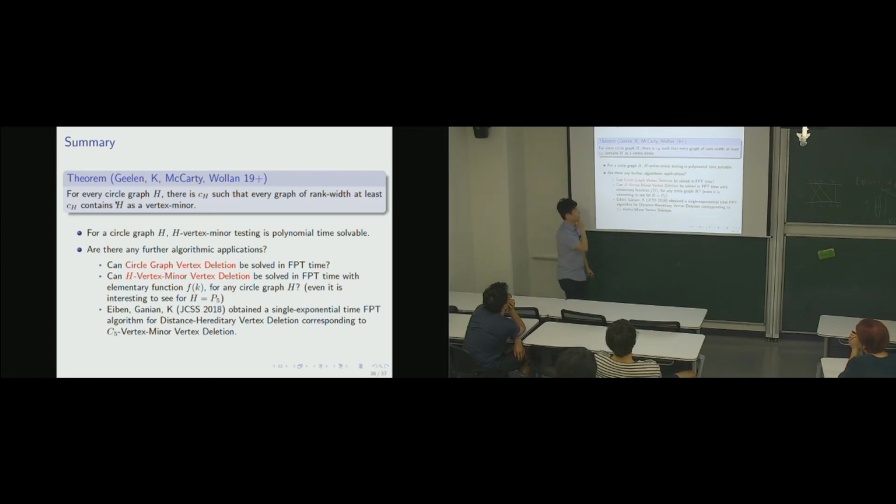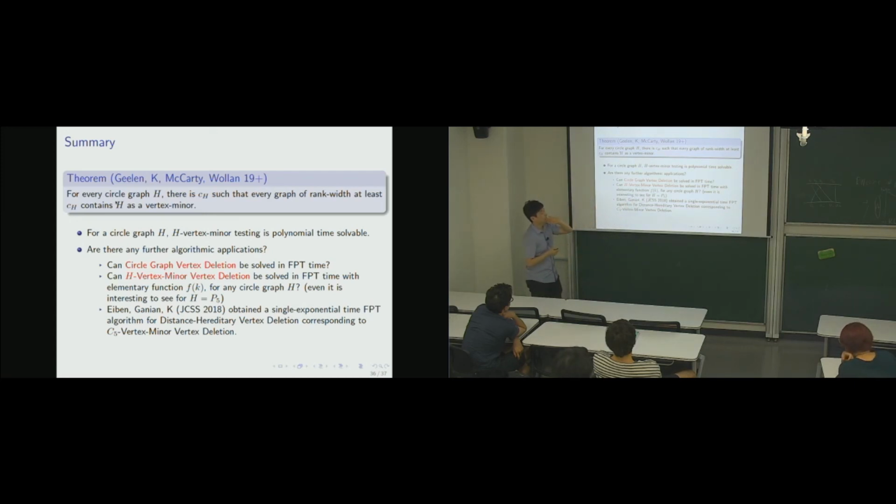And also, we can think about the H vertex-minor vertex deletion. Like in the minor world, people really try to work on H-minor deletion, right? So you want to delete k vertices so that the graph becomes H-minor free. Yeah, H-minor free, maybe I forgot the free here.